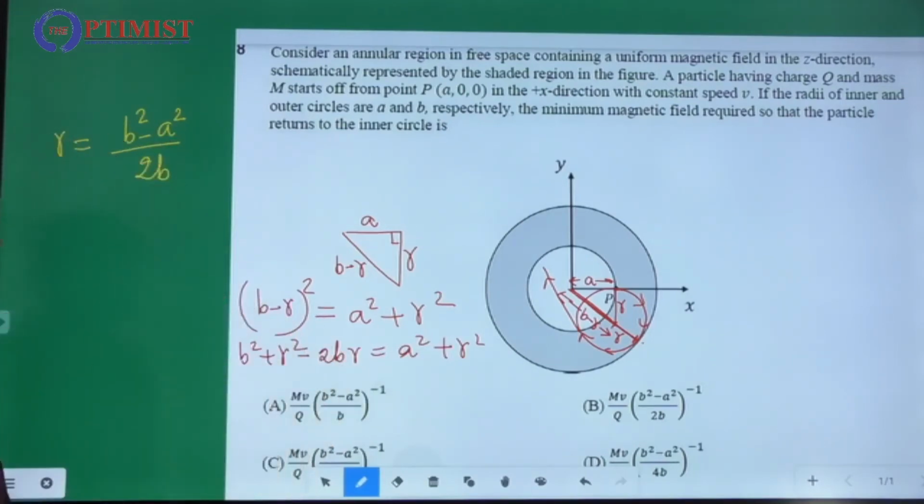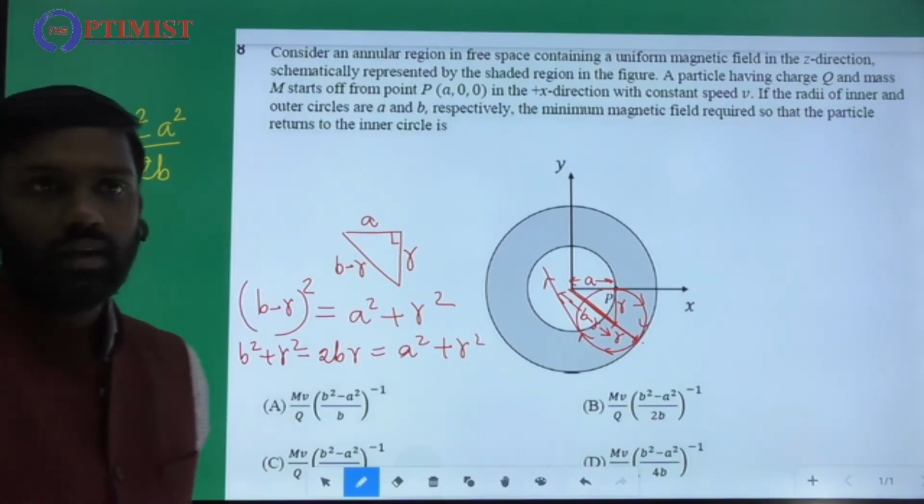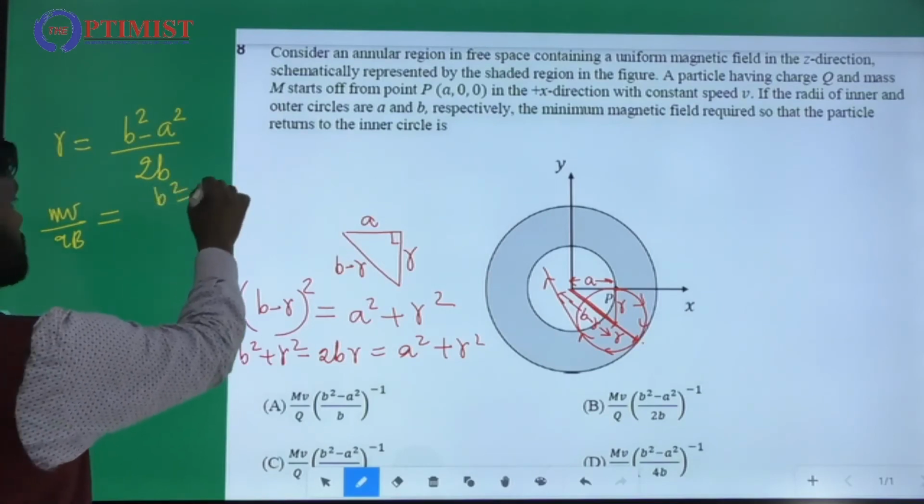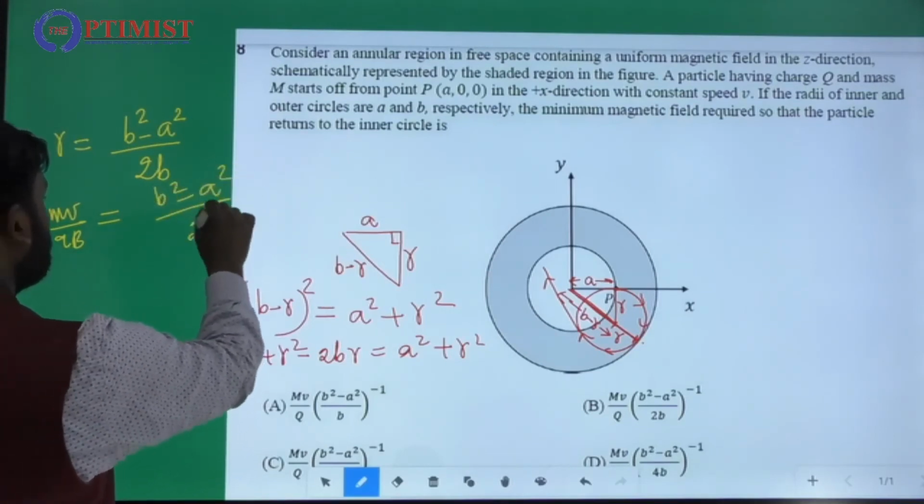So that is the radius of circular arc. And we know that in uniform magnetic field, radius is given by mv upon qB. That is the standard formula of radius in uniform magnetic field. So radius is mv upon qB. Now this is equal to b square minus a square upon 2b.